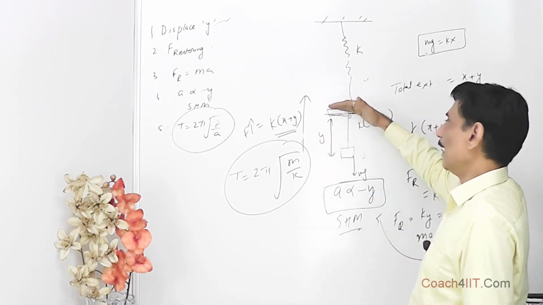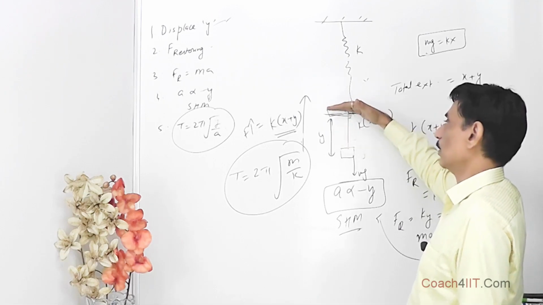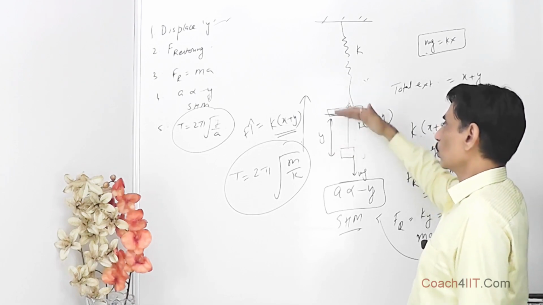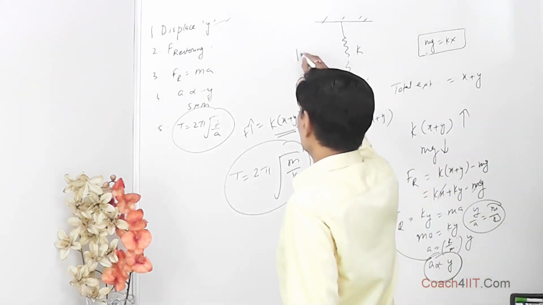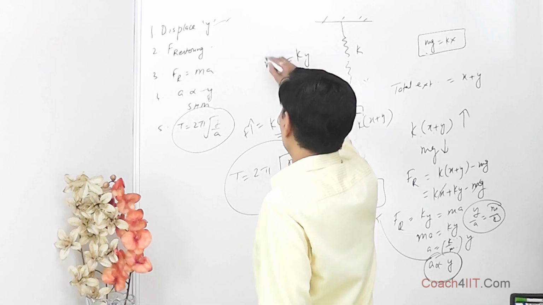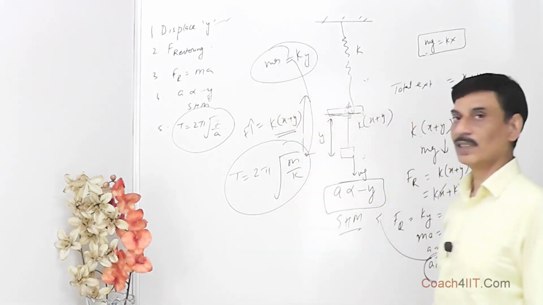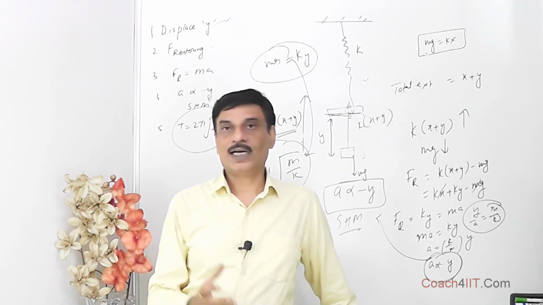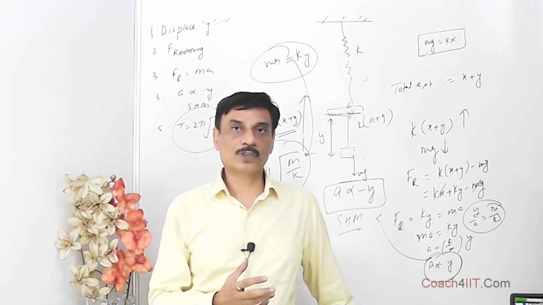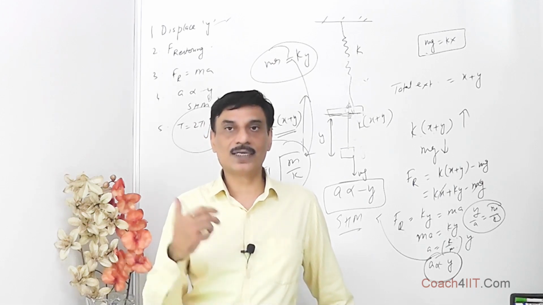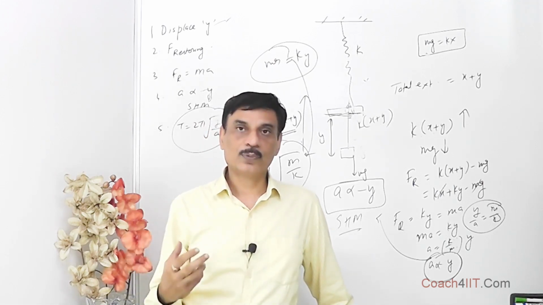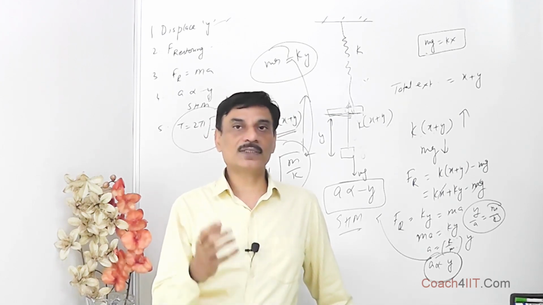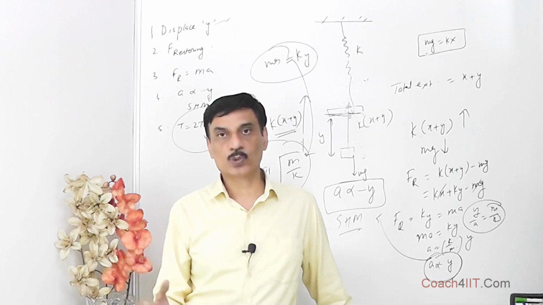If we had not been bothered about how this mean position was achieved, and just pulled it from here to here, the extra restoring force is ky, and ky is equal to m into a, so we would still have got the same answer. You can use this in linear SHM questions and also in angular SHM questions, where you look for the extra restoring torques. Over here we talk about the extra restoring force which comes into play when the body is displaced from its mean position by distance y.